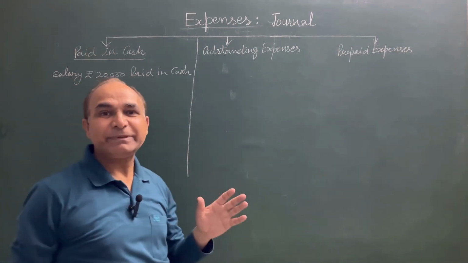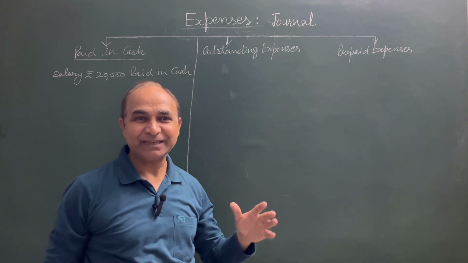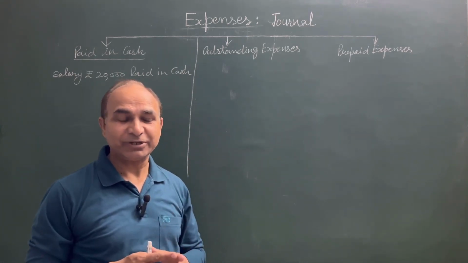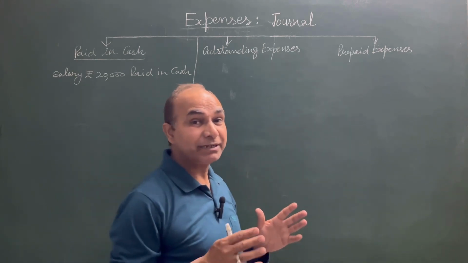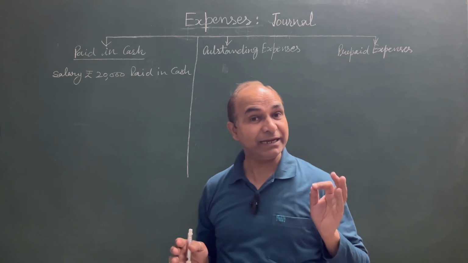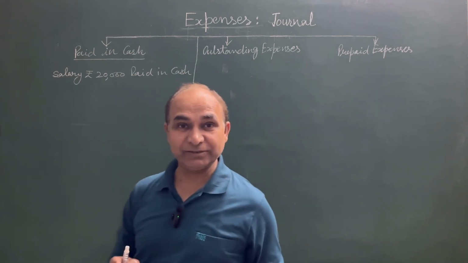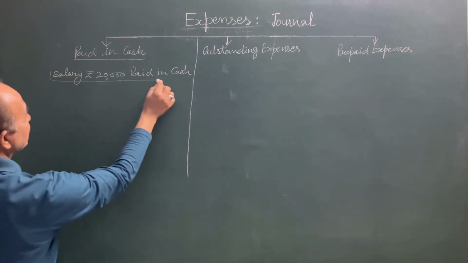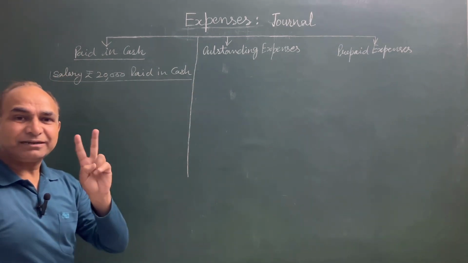This is the expense. Salary is an expense, and expense falls in which category? That is nominal account. And what is the rule of debit and credit as per the nominal account? Debit all expenses and losses and credit all income and gains. So friends, listen, in every financial transaction, always there are two accounts.